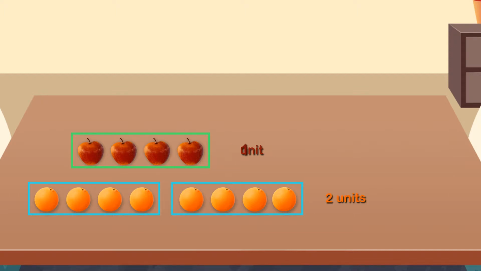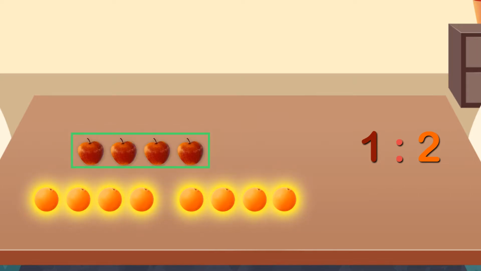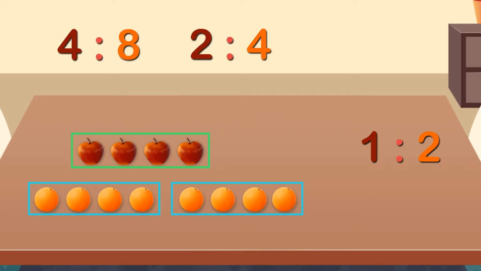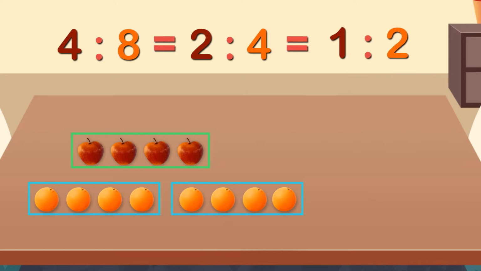So the ratio is 1:2. Again, we are comparing the same number of apples and oranges. Therefore, these ratios 4:8, 2:4, and 1:2 are equivalent or equal.